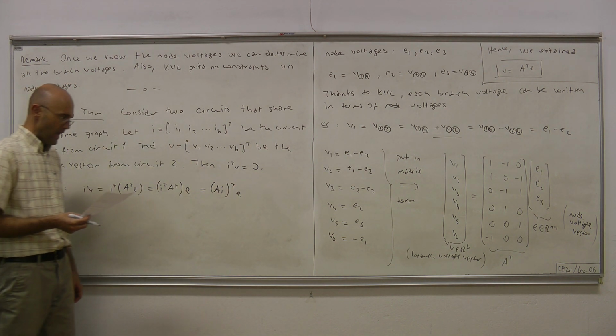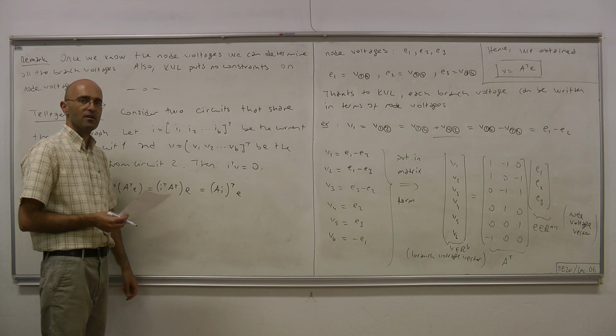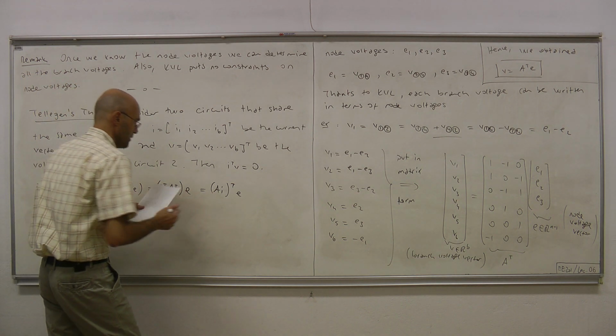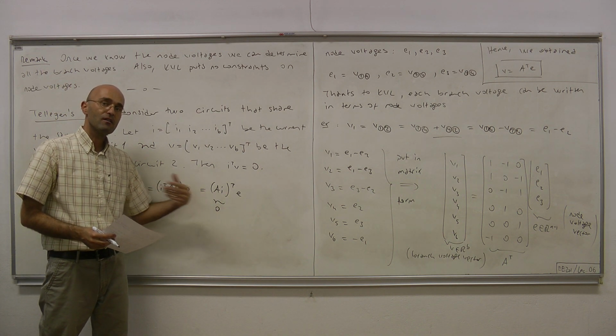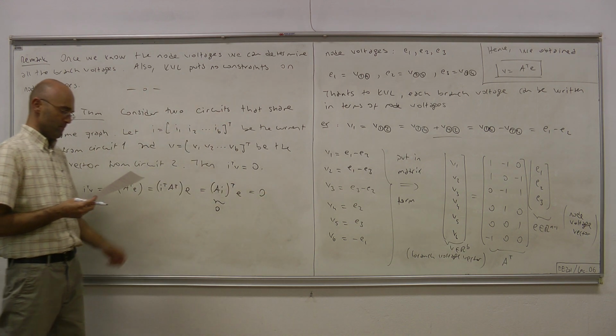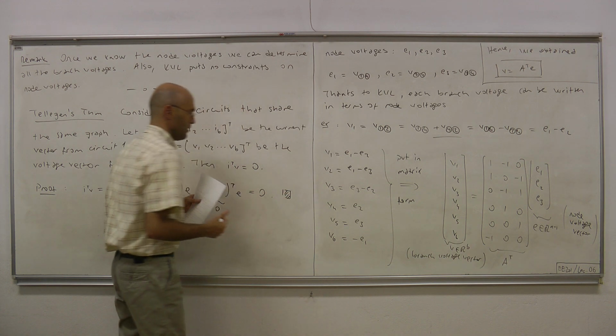Okay. And by KCL we know that A, the reduced incidence matrix, times the current vector equals 0. So that means no matter what the node voltages are, the product is always 0. Okay, and that's the end of the one-line proof.